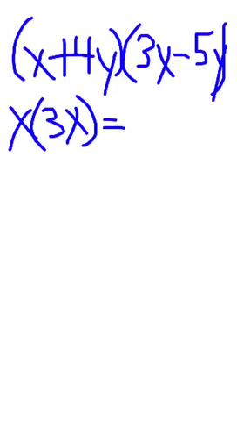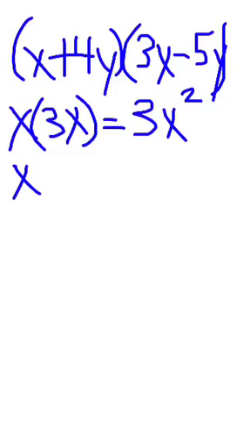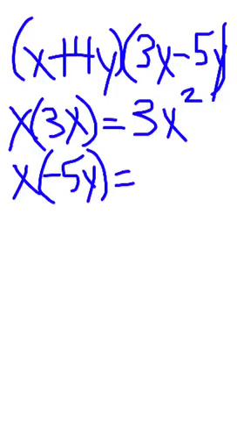Using the product rule, add the exponents, or in this case the ones, giving us 3x squared. Next, multiply x times negative 5y. There's nothing you can do here that would just give you negative 5xy.